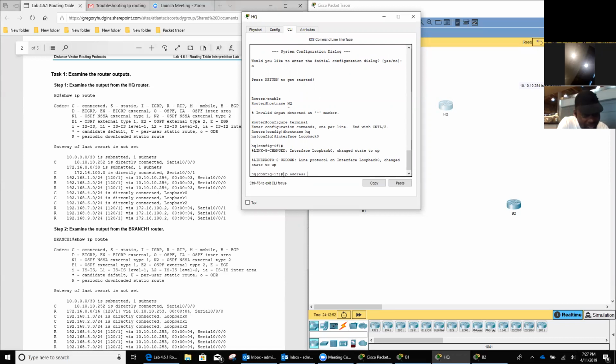Okay, interface loopback. So they gave me 192.168.4.1. All of them are going to be .1.